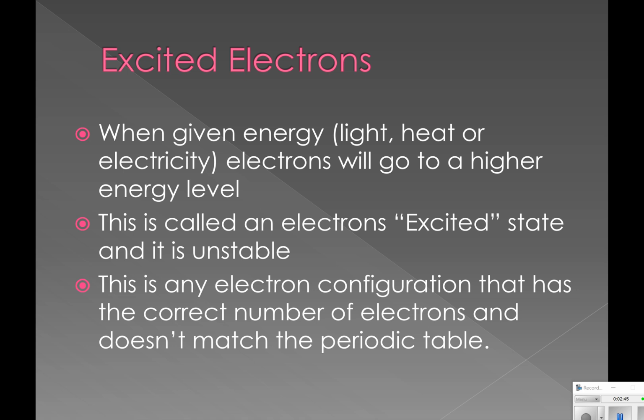And with that extra energy, it makes the electron and the atom that it's with unstable. Now, this will be any electron configuration that has the correct number of electrons for that particular atom, and it doesn't match the configuration from the periodic table, which would be the ground configuration.